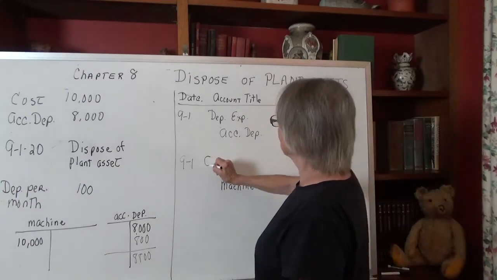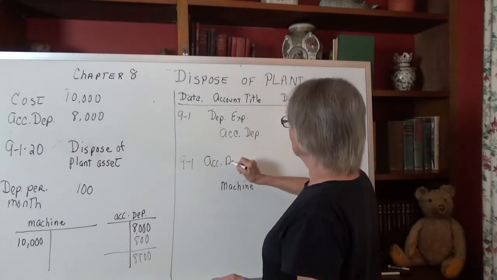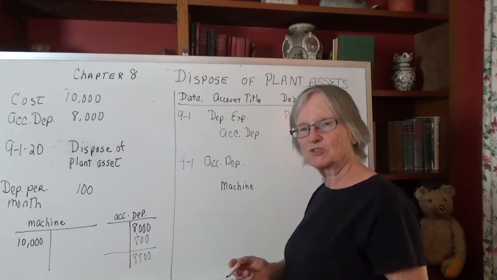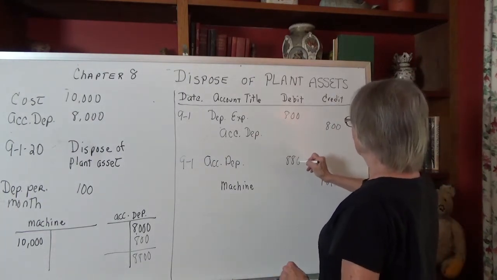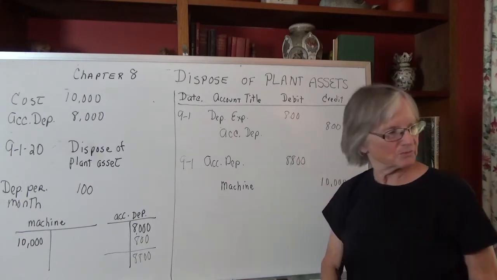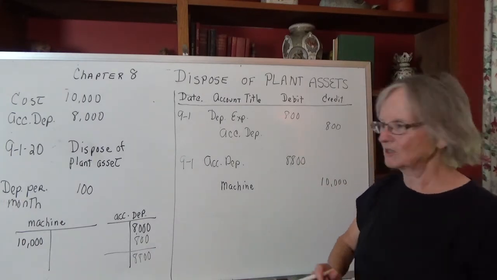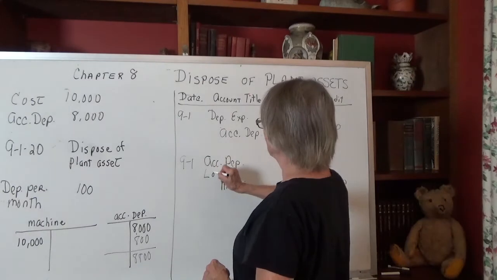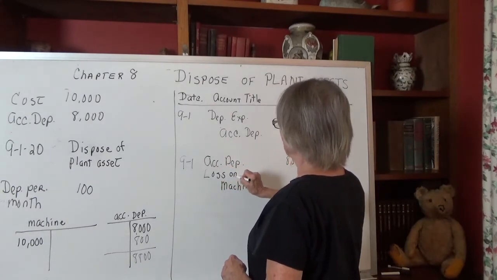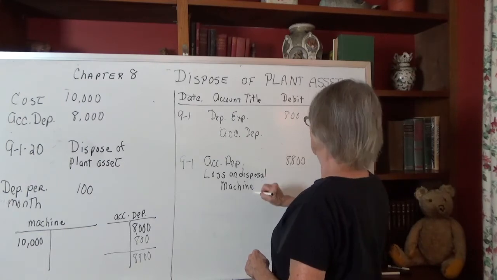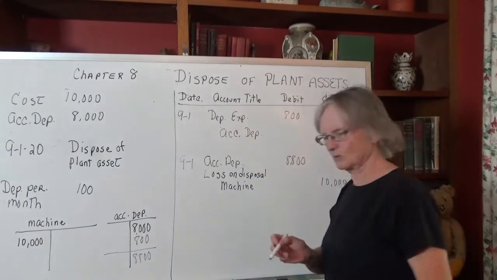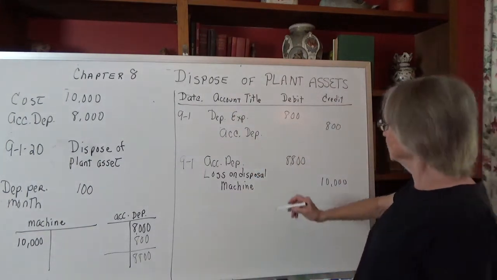The accumulated depreciation has to come off the books because you can't leave that hanging around once the machine is gone, and its current balance is 8,800. Those don't add up, and so we have a loss on the disposal of the machine, the difference between those two, of 1,200.